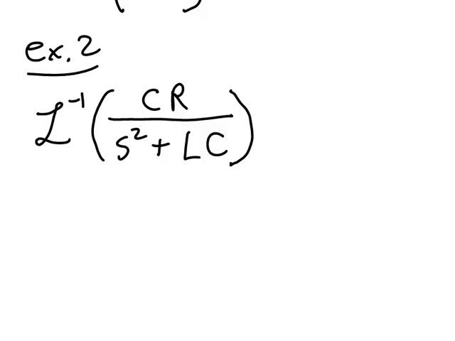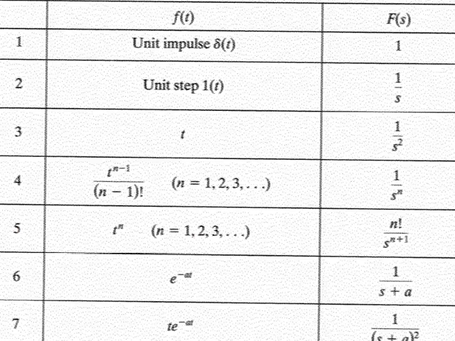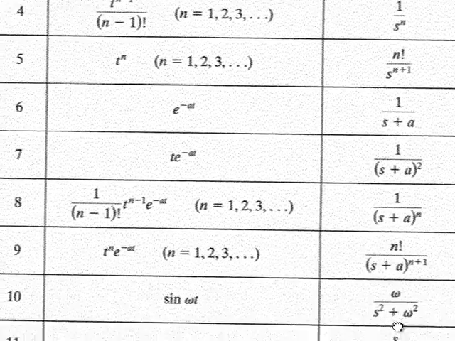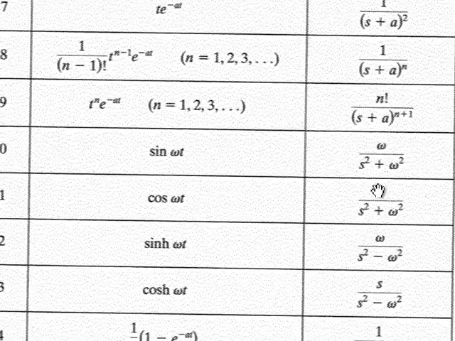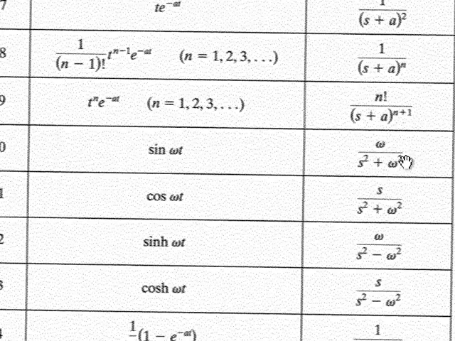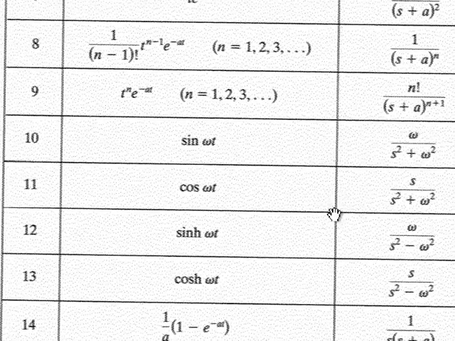Let's go to the Laplace transform table and see if we can find a match. We'll start by looking for a match for the denominator. Here we have a match for the denominator in line 10 of the table.